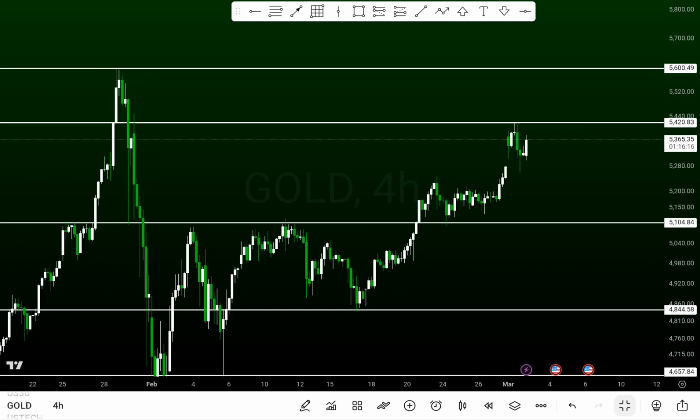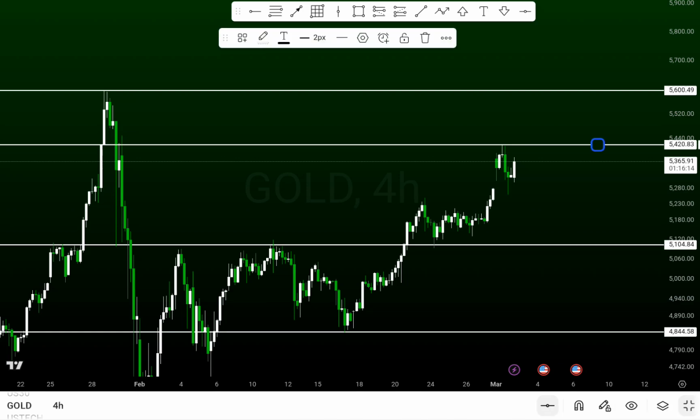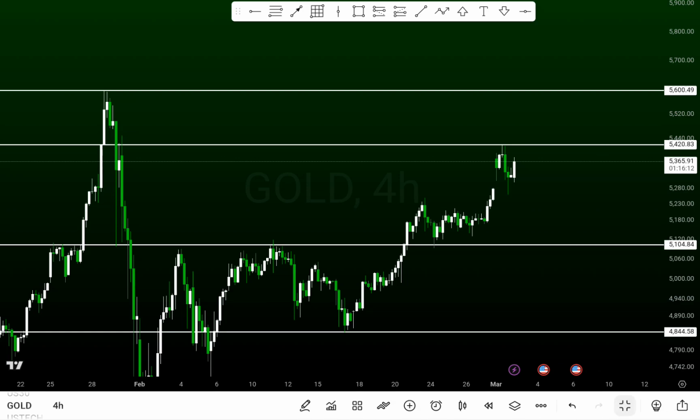So what I'm expecting right now at this swing is a small breakthrough that's gonna happen.